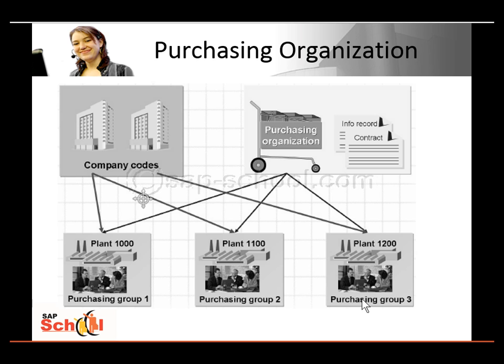However, you need to note that a purchasing group is assigned neither to a purchase org nor to a plant. A purchasing group can thus be active for all purchasing organizations and all plants if no authorization restrictions are applied.